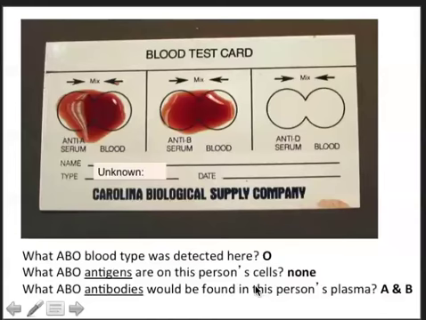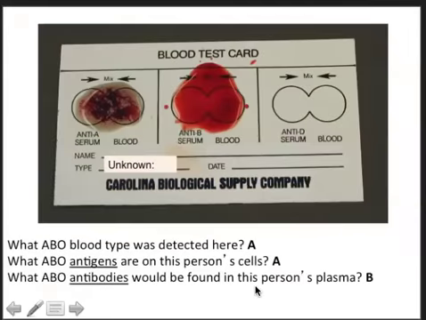They're going to have antibodies against both the A and B antigen, and they're not going to have the A or the B antigen on the surface of their red blood cells. They do, however, have the O antigen, but the O antigen does not promote the production of an antibody against it. Okay, it doesn't have what we call sufficient antigenicity to produce an antibody that will attack it.